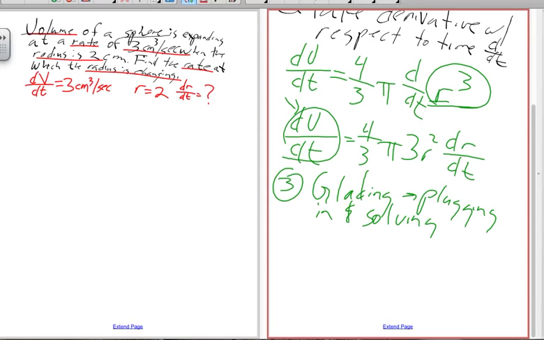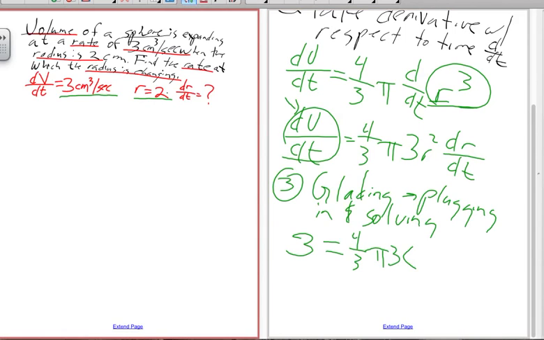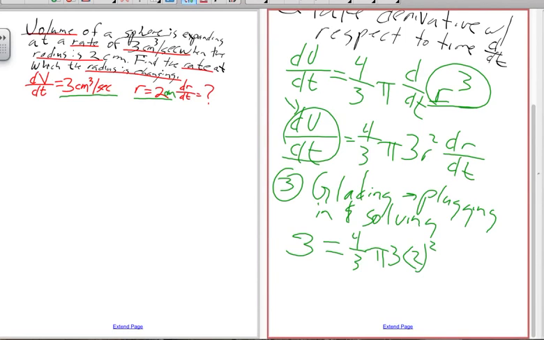So I know 3 equals 4/3 pi, 3 times r, which is 2 centimeters, times 2 squared, times dr/dt, which is what we're trying to solve for.